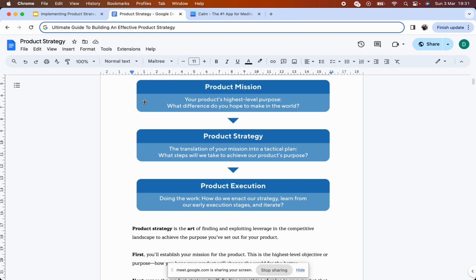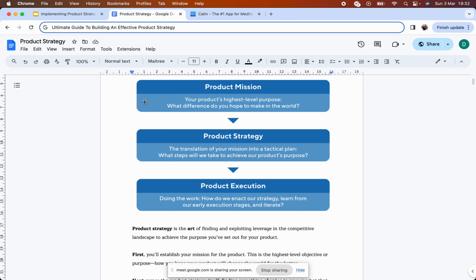Guys, I want everyone to be clear on this. If you want to make a note of it, please do. A product mission and a company mission are two different things. Let's not get it confused. There's a massive difference. A product mission says, what difference is this product going to make in the world, or what difference do the founders and your chief product officer believe it's going to make?